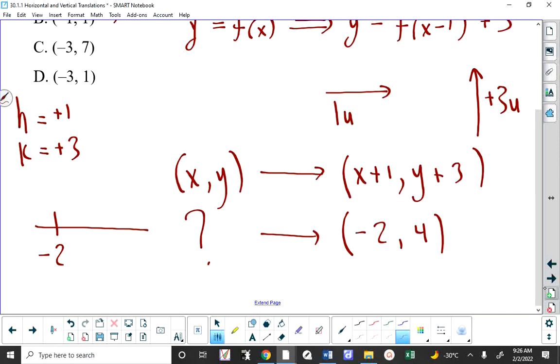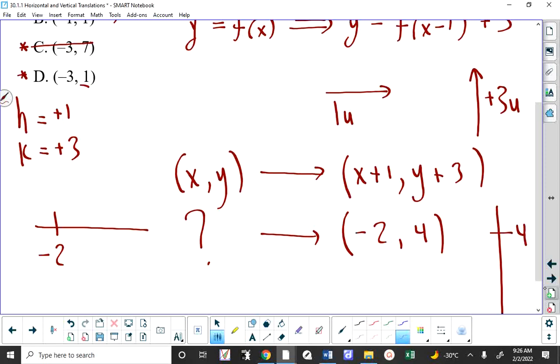Which takes me to either C or D. And then I can think vertically, if the y coordinate after the translation is 4, and that was a result of shifting the original 3 up, then it must have started at 1.